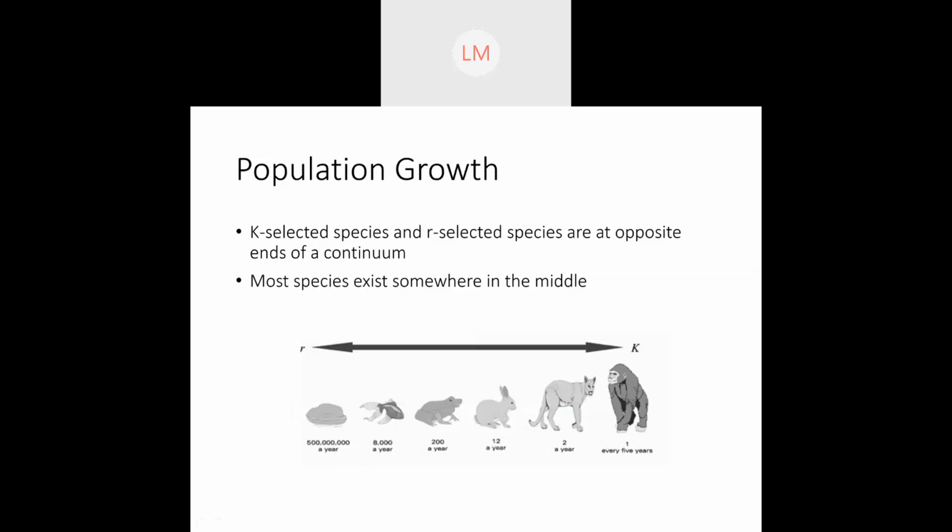They're not putting any investment into these offspring. They're just casting them into the environment. But then down here on the K end, we've got our gorilla, which is producing one offspring every 5 years. Most species are going to be somewhere in the middle of this spectrum, but in general, we can classify things as either R-selected or K-selected, depending on those life history strategies that they have.